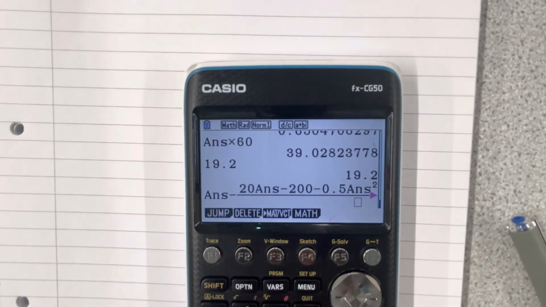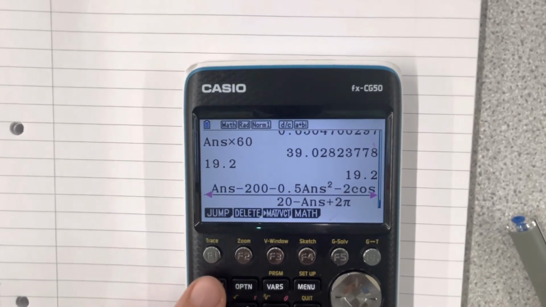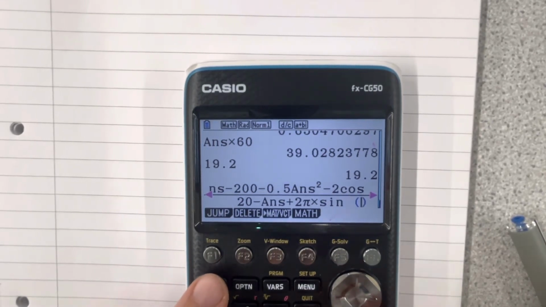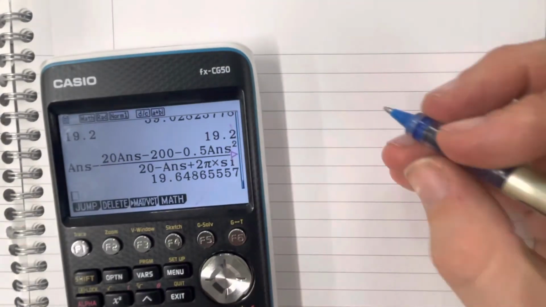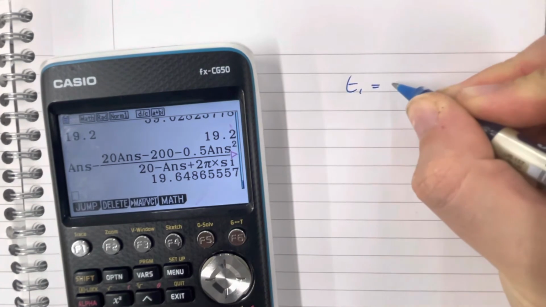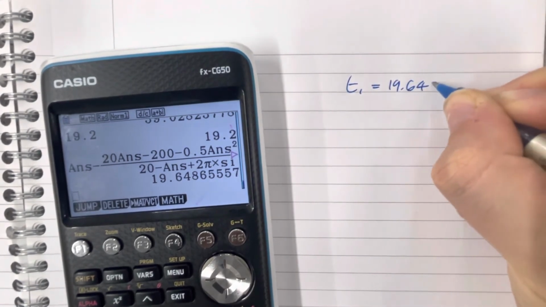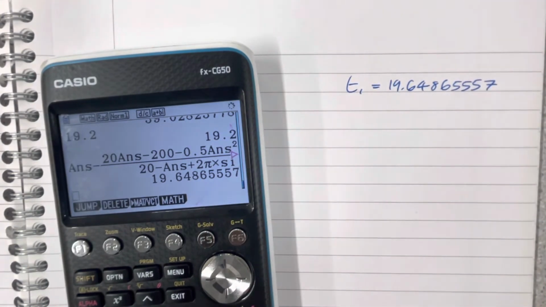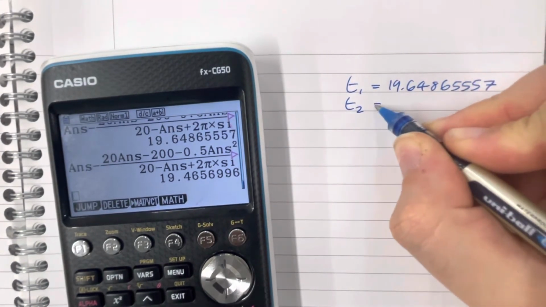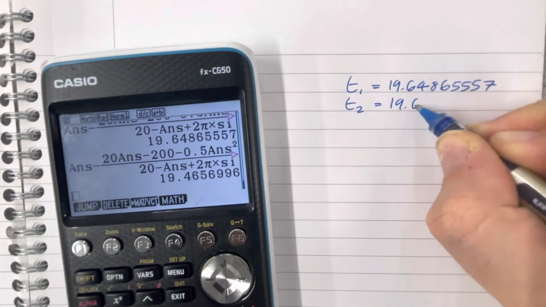And then the differential of the function is 20 minus the answer plus 2 pi times sine of pi times the answer. Okay, so the next iterative value, which is going to be T1, is 19.64865557, and it wants it to 6 decimal places, so make sure you're writing out the full calculator display in these figures here.